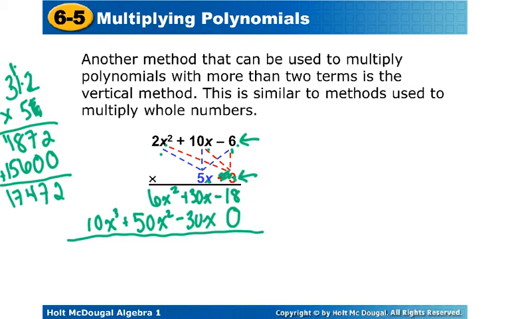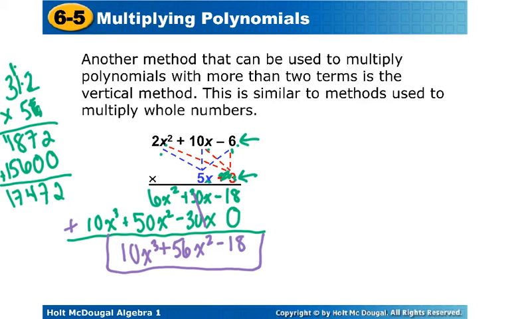And then simply, like how we did with regular multiplication, you add straight down. So this gives us negative 18. These end up canceling each other out. You have positive 56x squared, and then you have 10x cubed. So you guys just got your final answer.